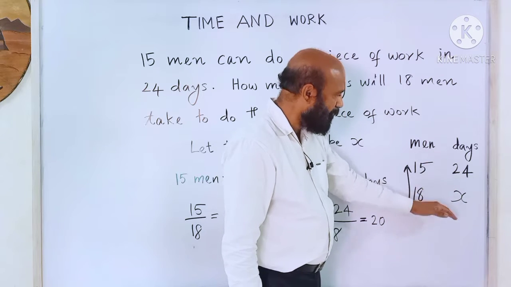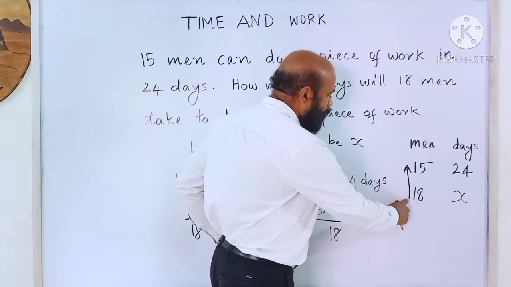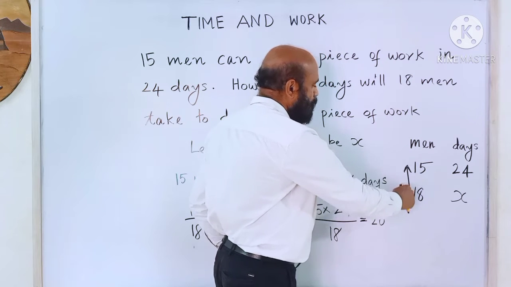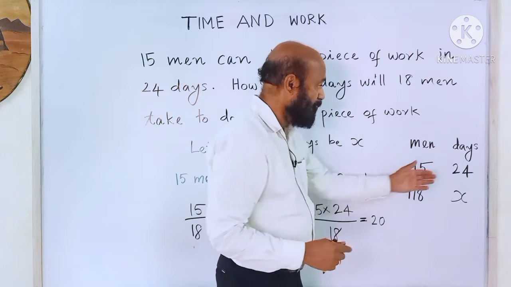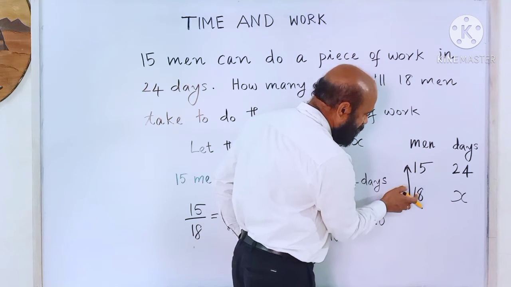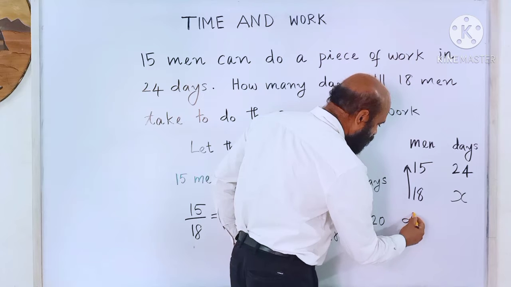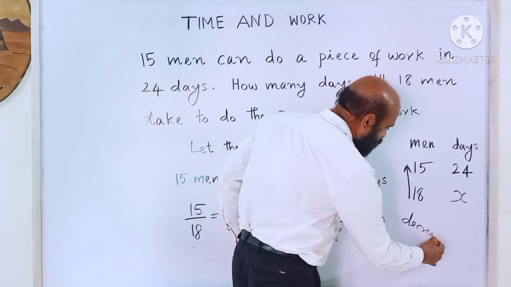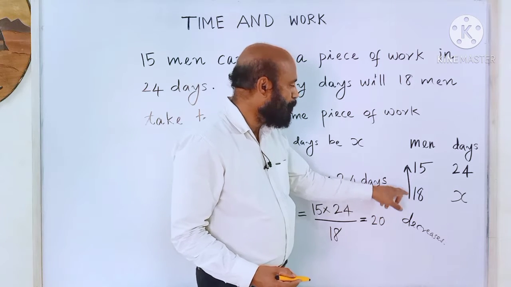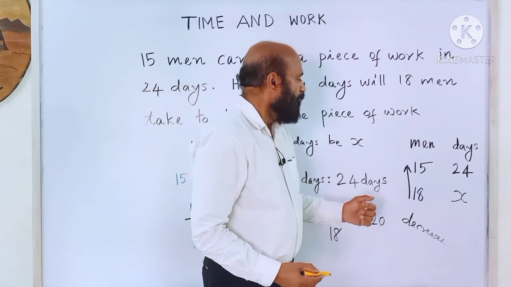So for a decrease, you put an arrow from the greater number to the smaller number.